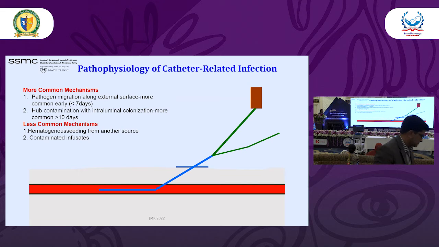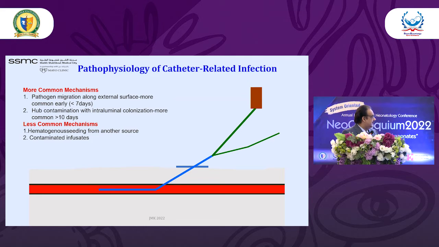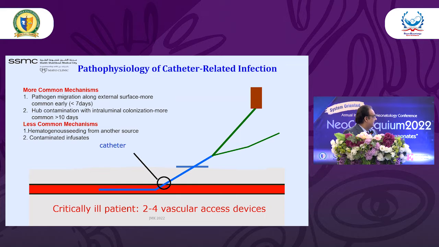diagram many times, but the pathogen, but they modified it in 2022, and they put the percentage. So let's say the critically ill patient, 2 to 4 vascular access devices, if it is there, the catheter, the dressing. So skin is the most important thing which can lead to the infection, which is 70–90%.